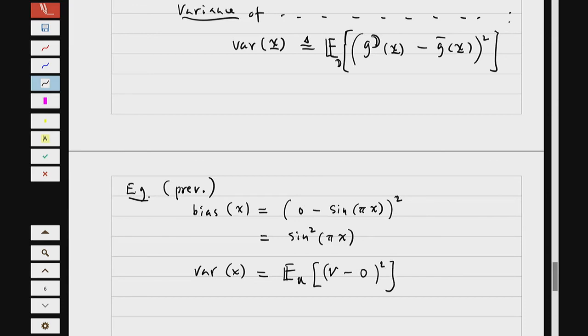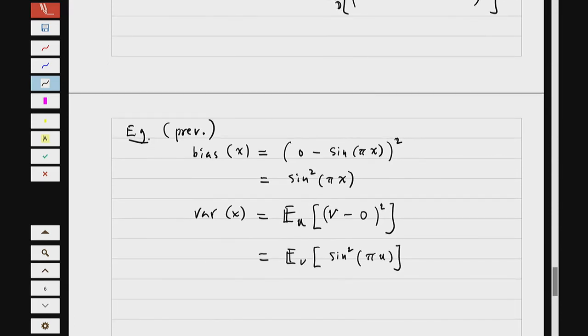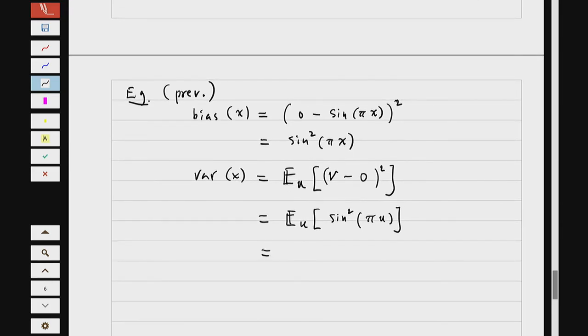So this is E_U of V squared, which is sine squared of pi U. This would be the integral from minus 1 to 1 of one half sine squared pi U du.